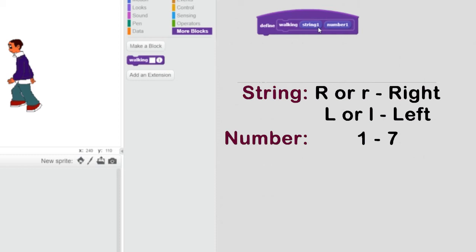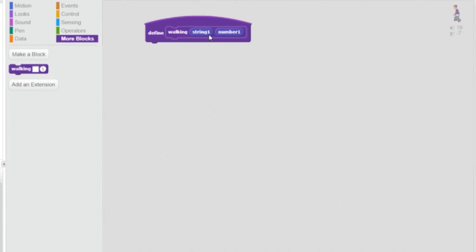And for numbers, we're going to accept anything from 1 to 7. 7 steps will take Jamie from one side of the screen to another, so we don't want him to walk more than 7 steps, and obviously you can't walk less than 1 step. So let's take care of that first.